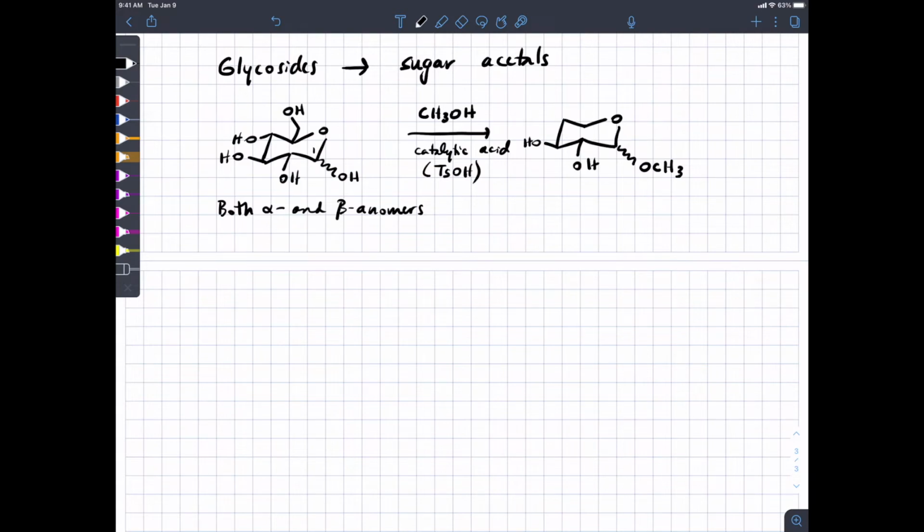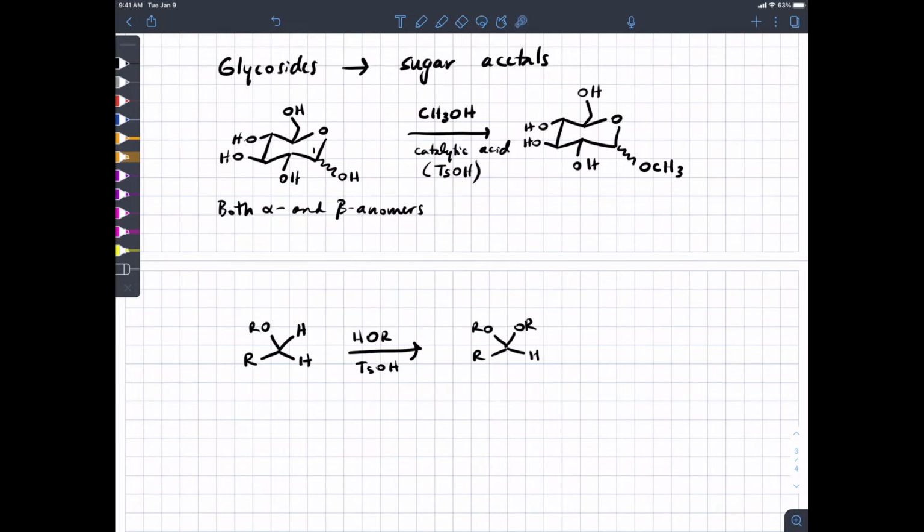Now, I know that looks weird and different to you, but that's only because of the distracting six-membered ring. In reality, you have seen something like this before many times. You start with a hemiacetal, and then you use another equivalent of alcohol and a catalytic acid, and then you make the full-on acetal, right?